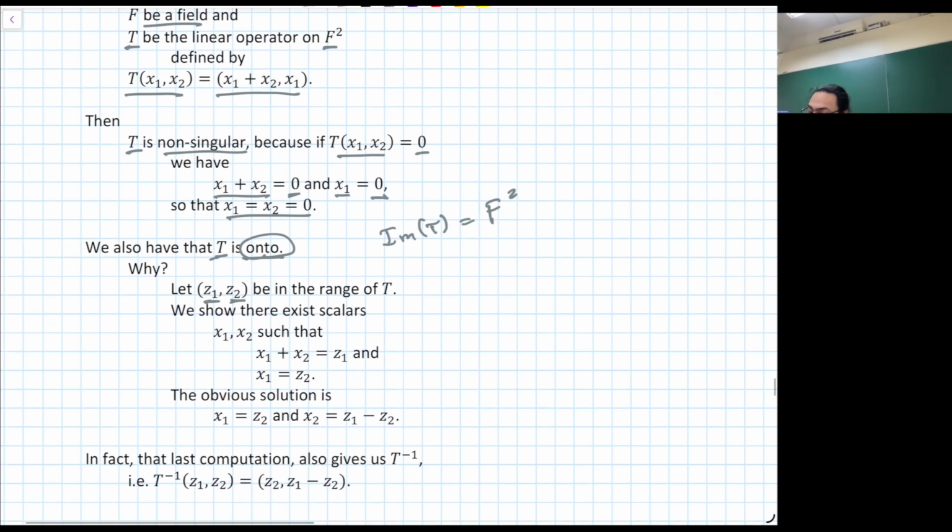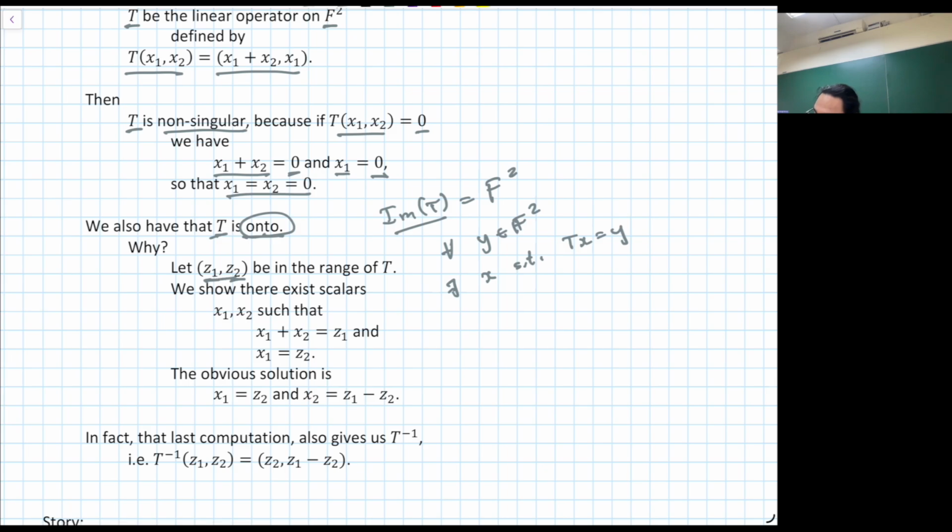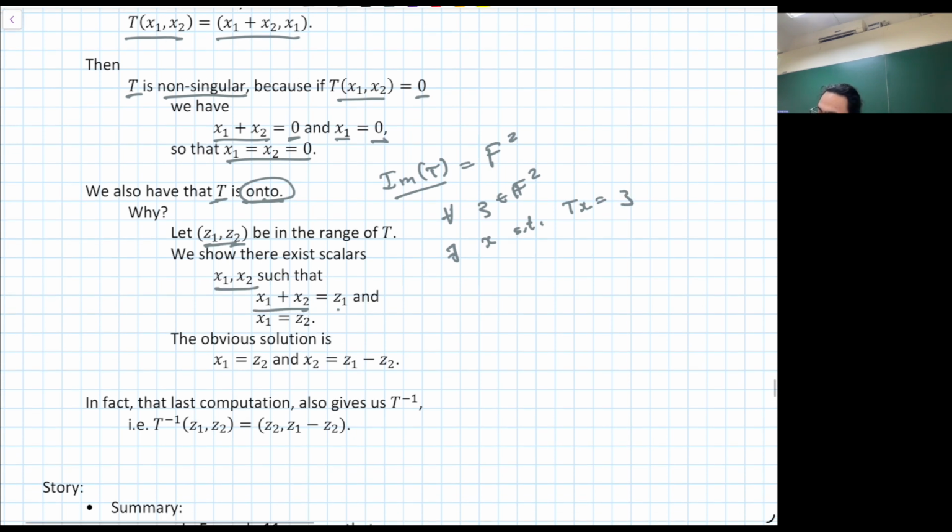So how do we check this? One way of doing it is to say that for all Z in F2, there exists an X such that Tx equals Z. So choose x1, x2 such that the sum is Z1 and x1 by itself is Z2.